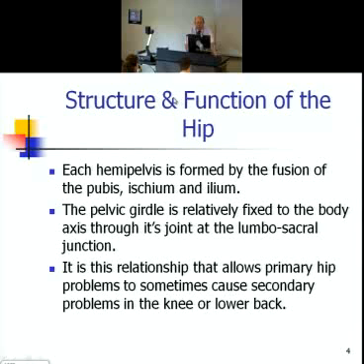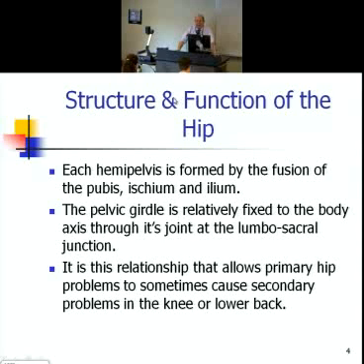So the hemipelvis is formed by the pubis, the ischium, and the ilium. Those are basically the bones that make up the pelvis. There are two of each on either side, and the pelvic girdle is fixed to the body through the lumbosacral junction. And again, this relationship can lead to hip problems, sometimes resulting in back problems.